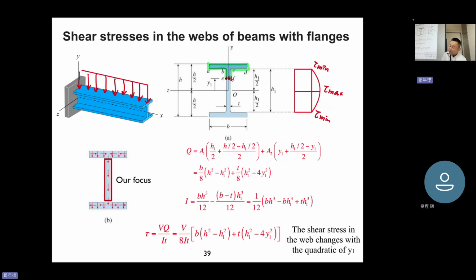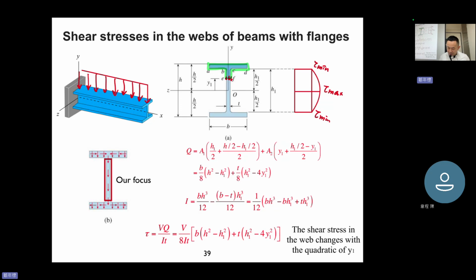And luckily, because our shear formula is suitable for the rectangle here, we still can determine the stress at the EF.